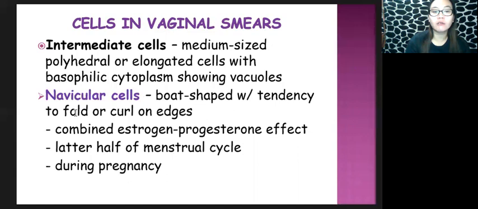The presence of your navicular cells is due to a combined estrogen-progesterone effect, and it is seen in the latter half of your menstrual cycle and during pregnancy. In addition to that, your navicular cells are also associated with menopause.